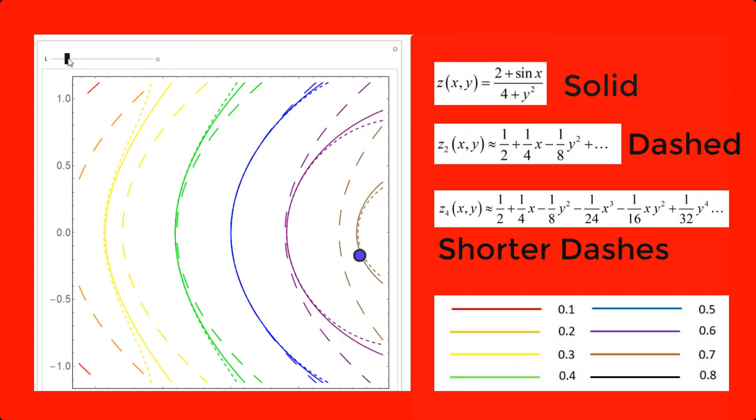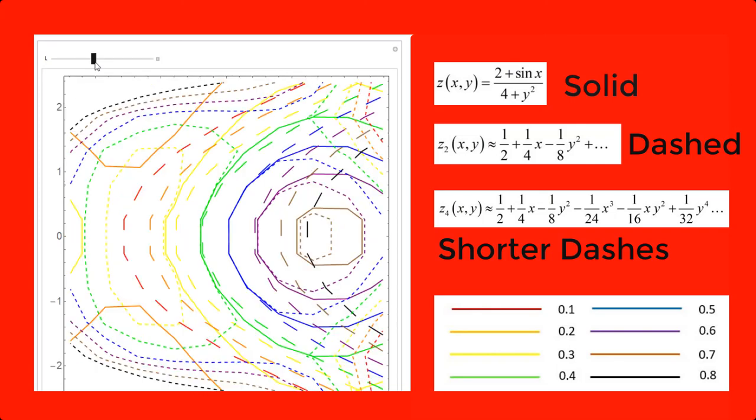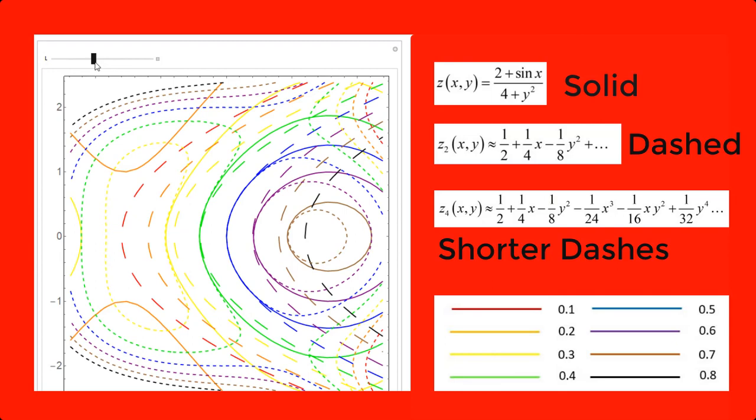We will notice, for example, if we look at the brown contour here representing 0.7, that whereas the second order series is slightly removed from the actual function, the fourth order series does a much better job of approximating the function. But it too breaks down when we go to higher distances from the origin.